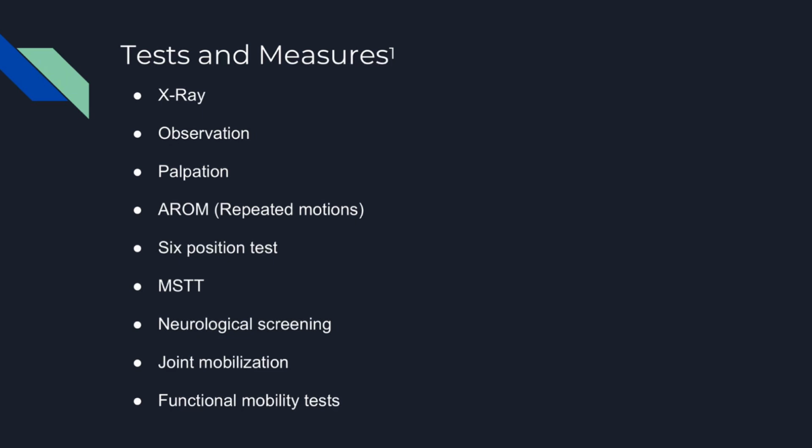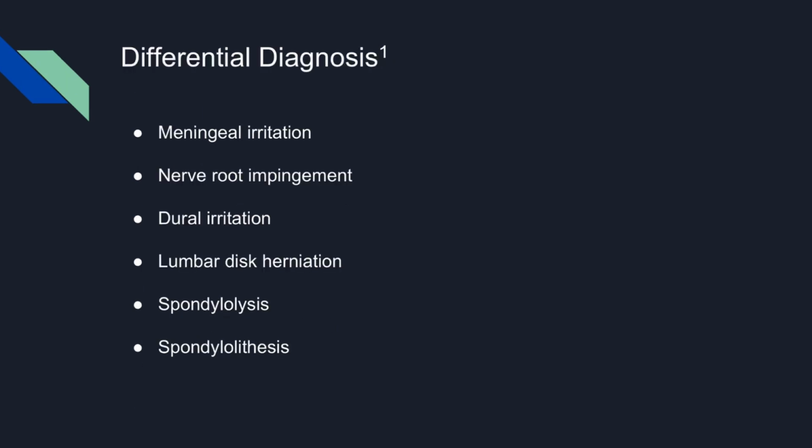So differential diagnosis: there are several diseases that show up similar to ours, like meningeal irritation, the three layers of tissue that protect the spinal cord becoming irritated, which can cause some localized symptoms that are similar to our disease.